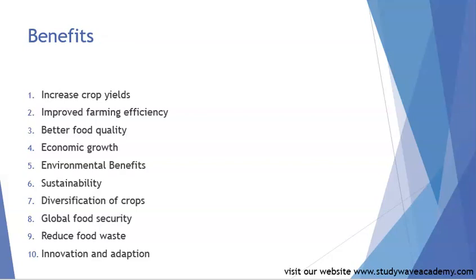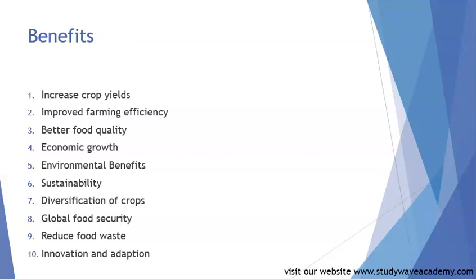Global food security. Agricultural technology plays a crucial role in ensuring stable food supply worldwide. By increasing production and making farms more resilient, it helps prevent food shortages and famines.